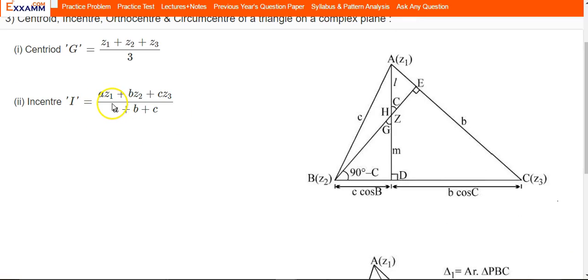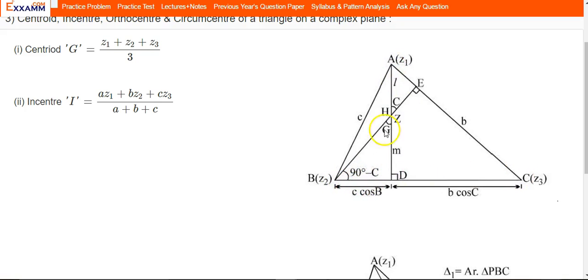Now what would be the coordinates of the incenter? In coordinate geometry the incenter was (a x1 plus b x2 plus c x3) divided by (a plus b plus c), and similarly for the y coordinates. Here a, b, c are the lengths of the sides of the triangle.